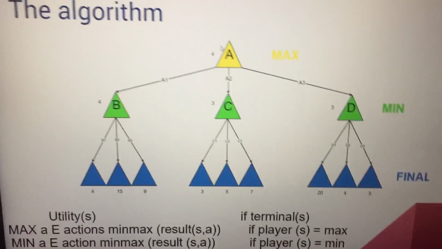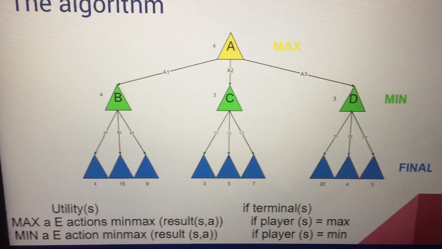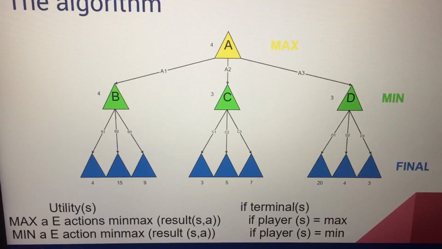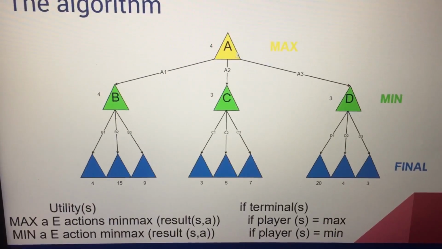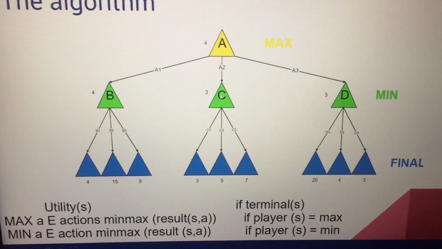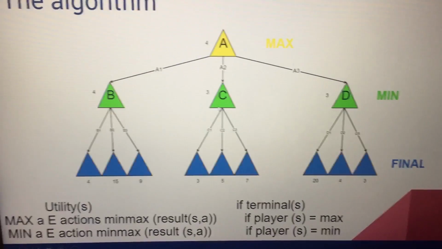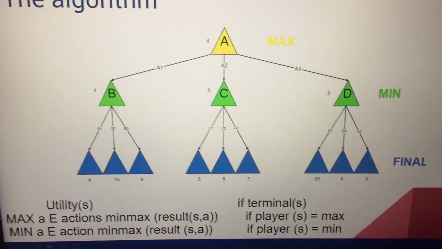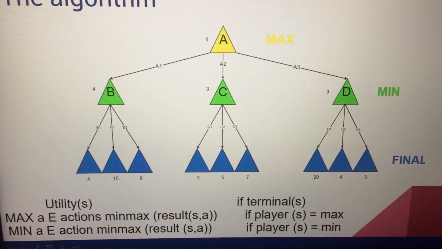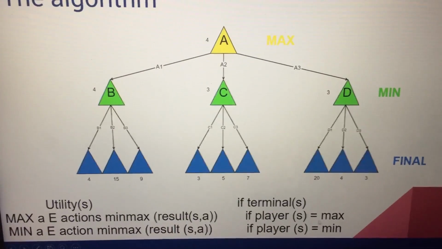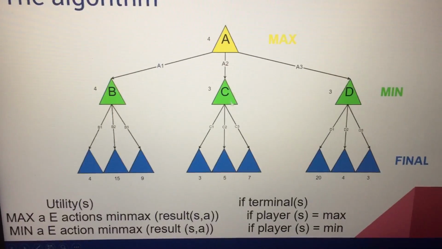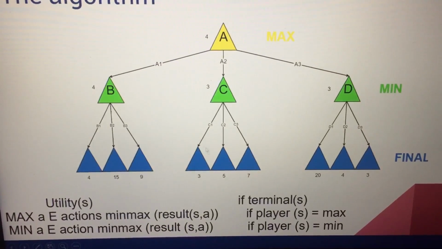Then I have to calculate the value for, well, assuming that A plays A2. So I go with C. Is C a terminal state? No. Is the player max? No. Is the player min? Yes. So now I have to check all the possible moves.